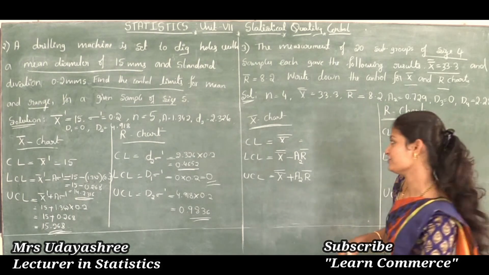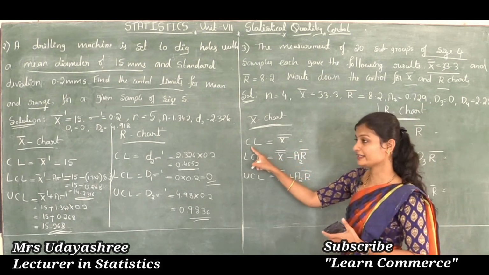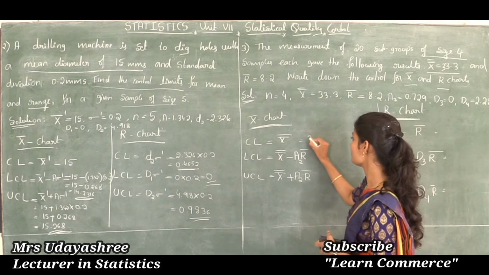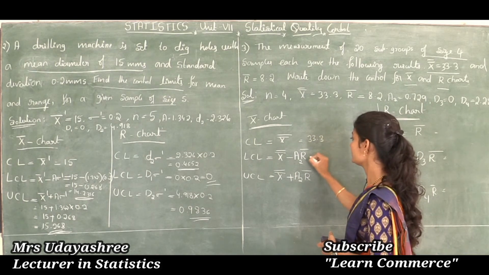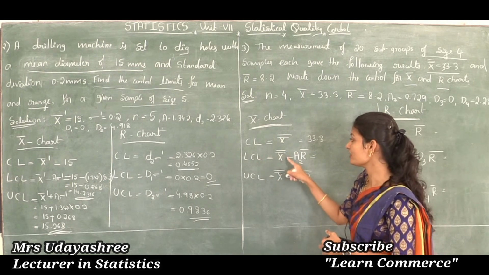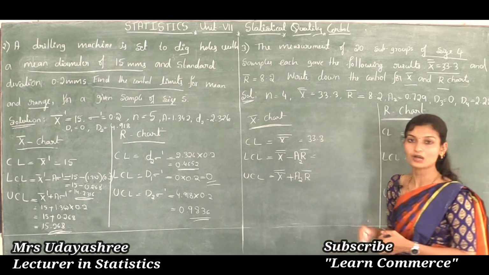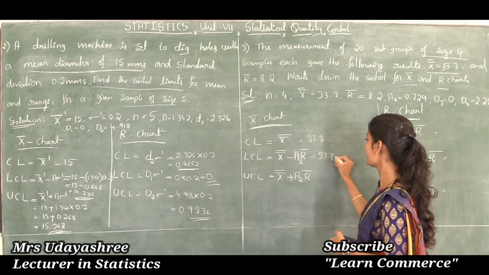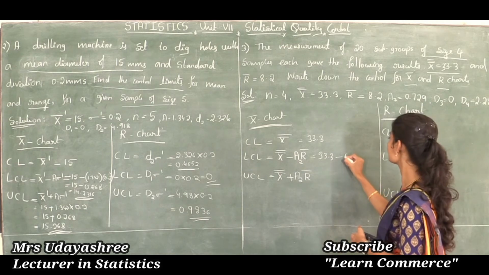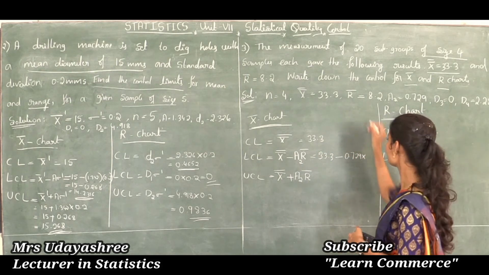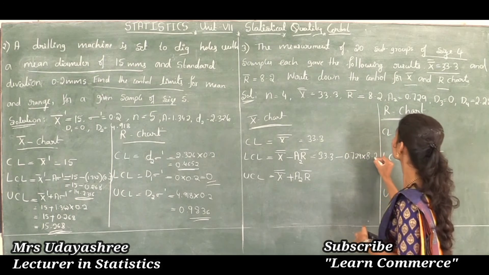Let's see the X bar chart. To find the central limit we need X double bar. Here the X double bar value is 33.3. Next, how to find the lower control limit? Using this formula: X double bar minus A2 into R bar. So X double bar is 33.3 minus A2, A2 is 0.729, into R bar, R bar is 8.2.